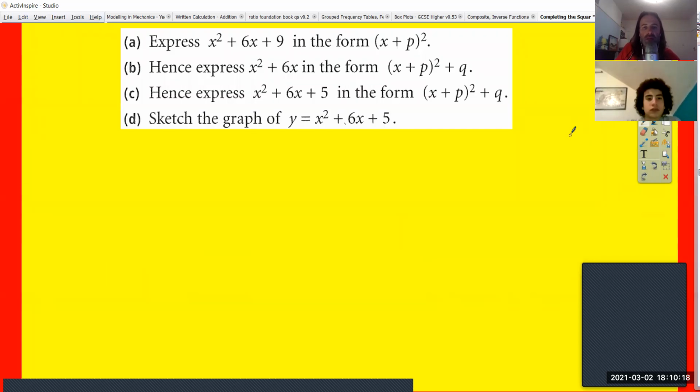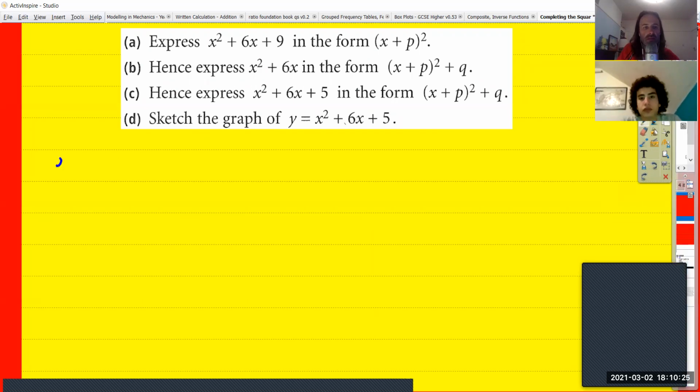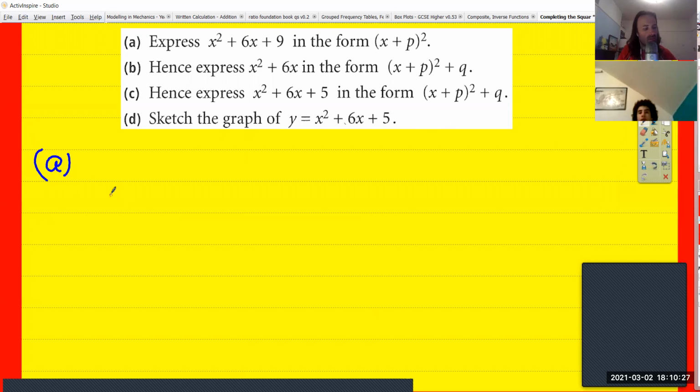Okay, how about these? It'll be x plus 3 squared. How about B?